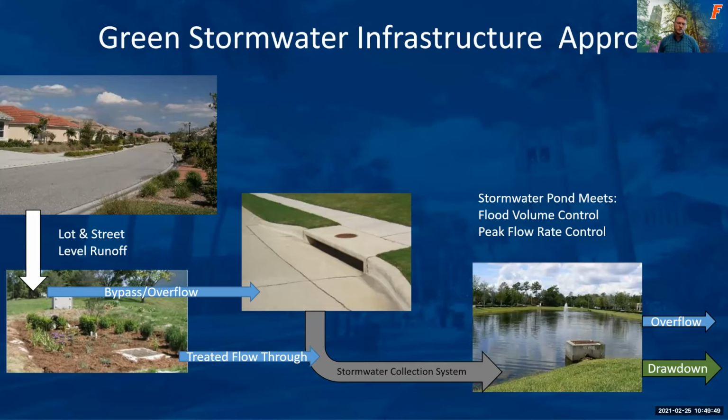So this is where green stormwater infrastructure comes into play. The idea here is that we're integrating more function of managing stormwater into the overall landscape. It becomes more of a planning approach because it really needs to start at the initial design phase rather than as the project is being developed.